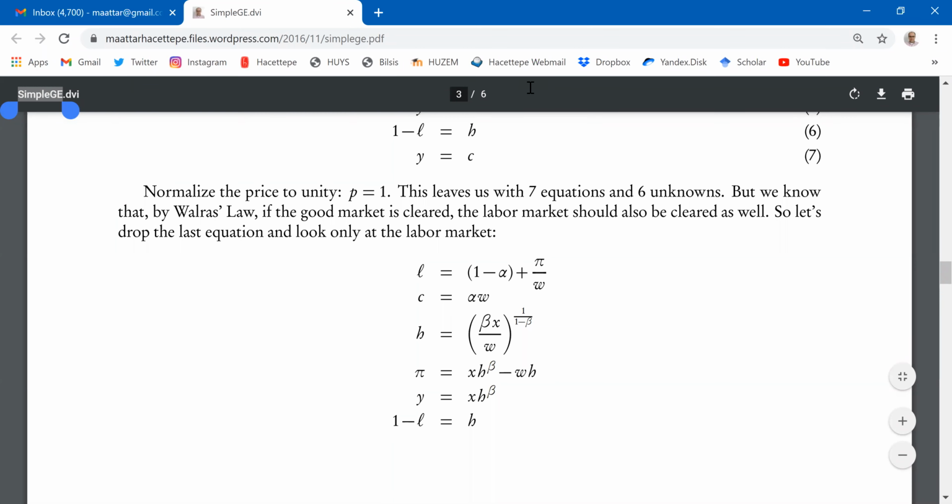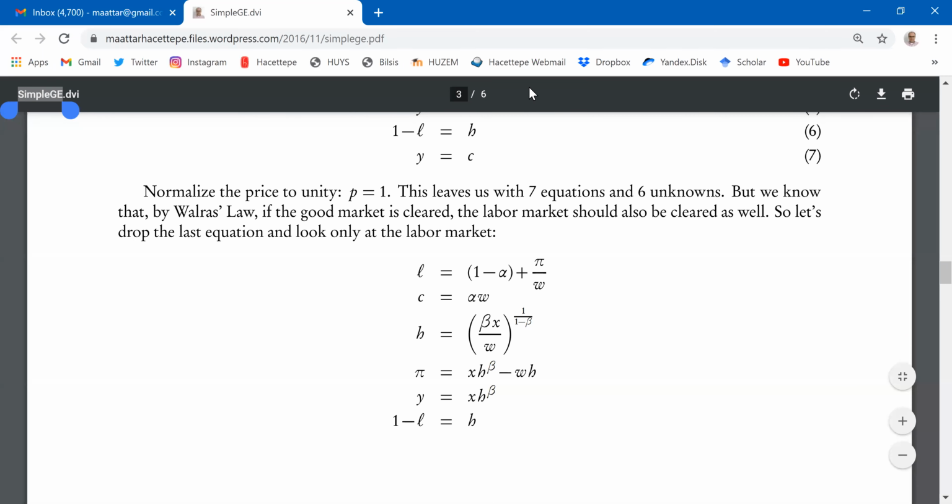Then I have 6 equations, 1, 2, 3, 4, 5, 6, and 6 unknowns. What are these unknowns? L, C, H, pi, Y, and W.